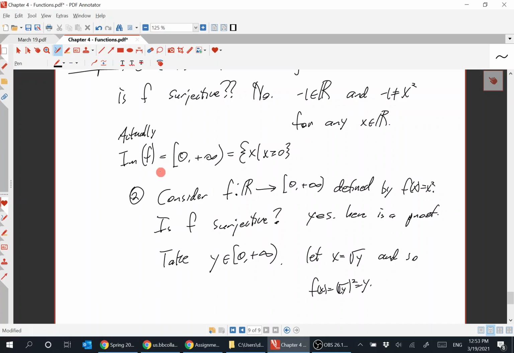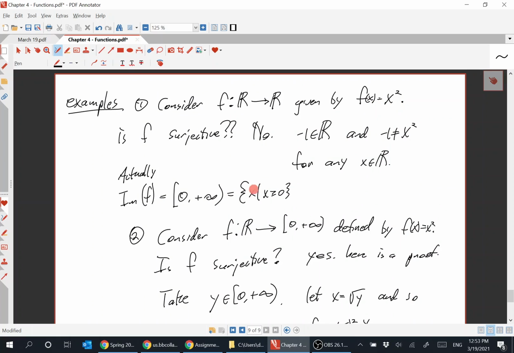But we can do it this way. The image of f, where f(x) equals x squared, is just all the non-negative real numbers. So now if you consider the function f from R to the interval from 0 to plus infinity, all non-negative real numbers, defined by f(x) equals x squared, now it's surjective. Here's the proof.